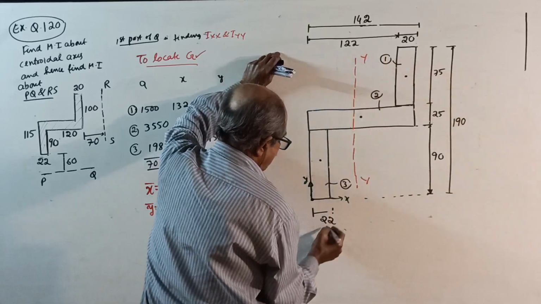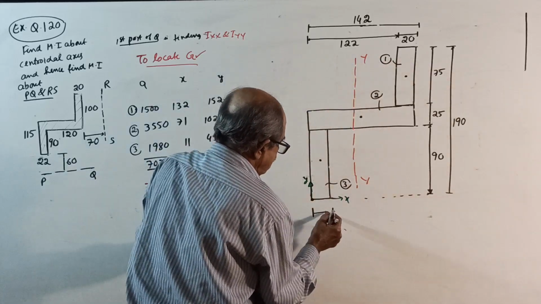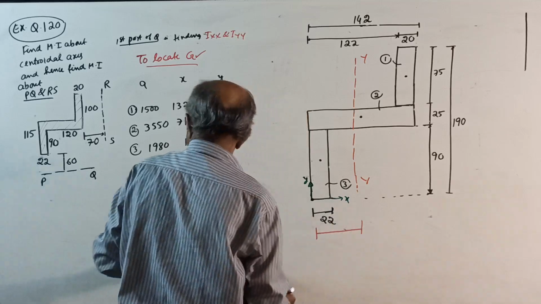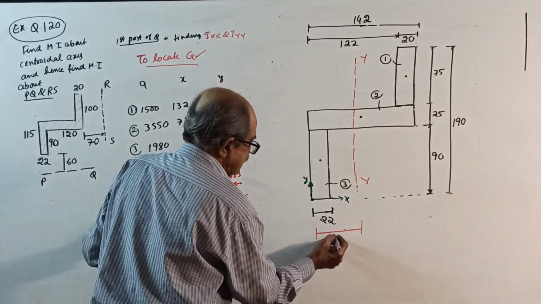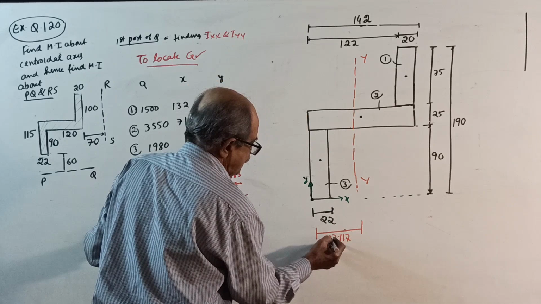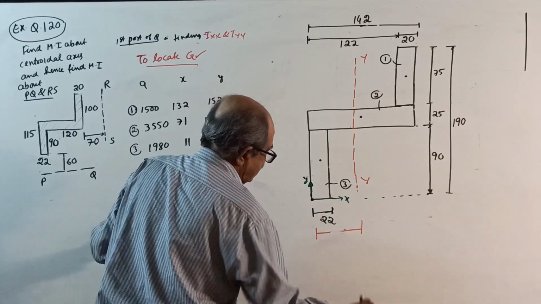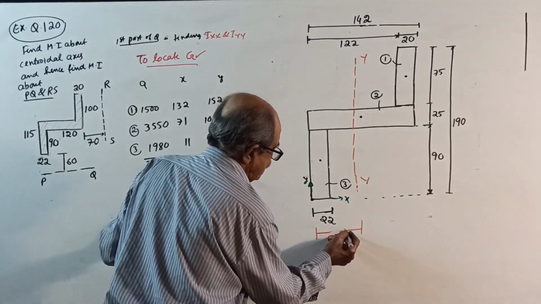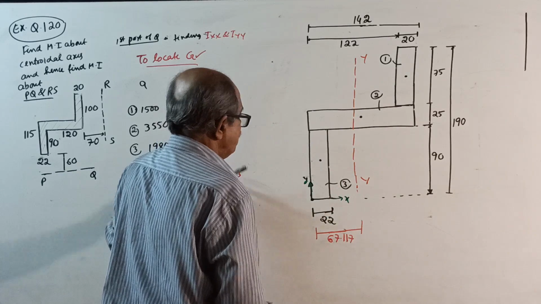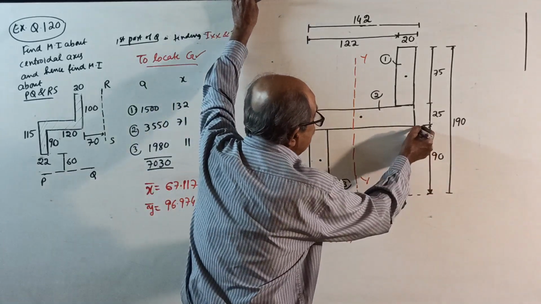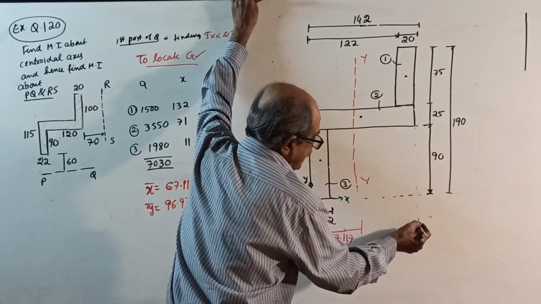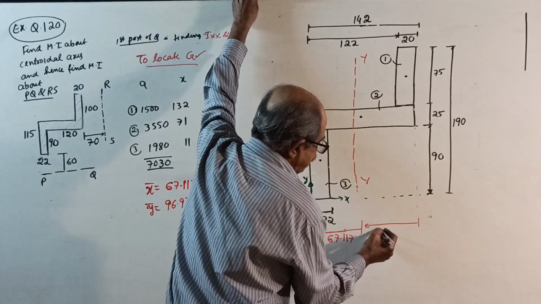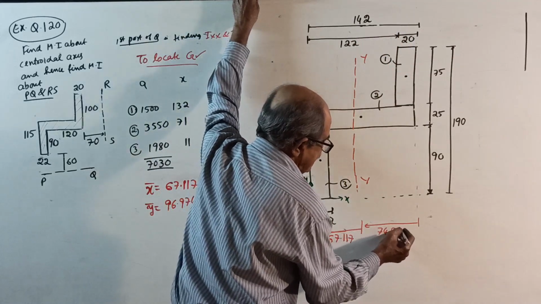YY axis: from here this is 22. From here to YY is 67.117. I'll write once again: 117. If this is 61, from this extreme edge you calculate, into total 142, it will come 74.883.